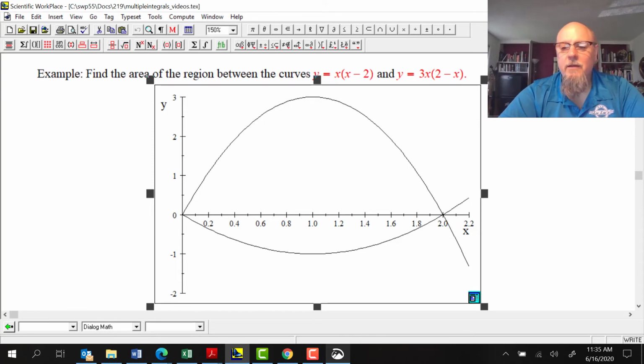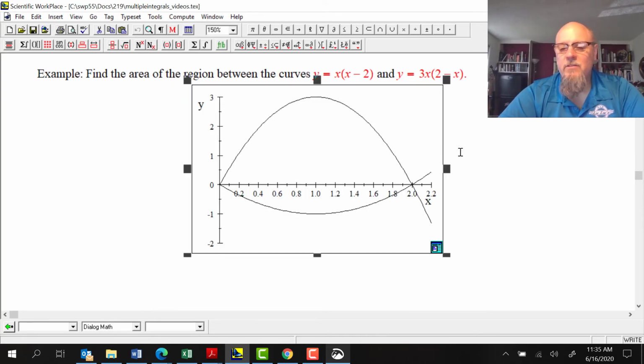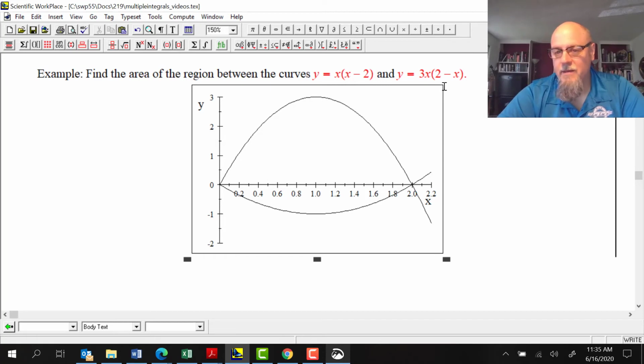Now you're looking at this, you're going, well, why is this a double integral problem? Wouldn't I do area between two curves? That's a first-year calculus problem. We'd go the top curve, which must be the upside-down parabola, the top curve minus the bottom curve, and I'll just integrate from 0 to 2.